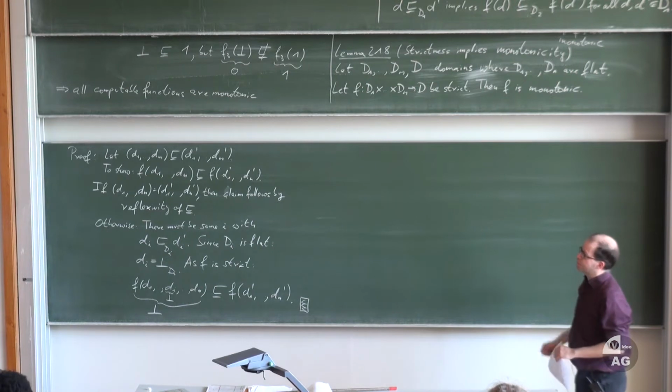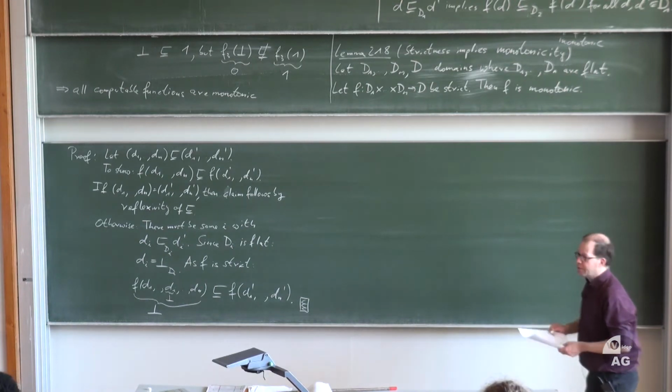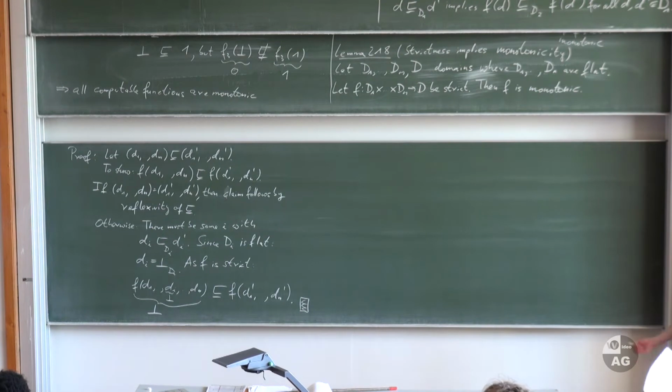But we have already seen with this function 1 up there that in Haskell we have lazy evaluation, and therefore we also need non-strict functions for the semantics.